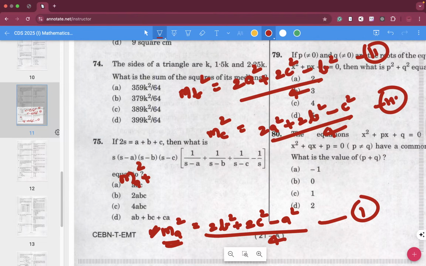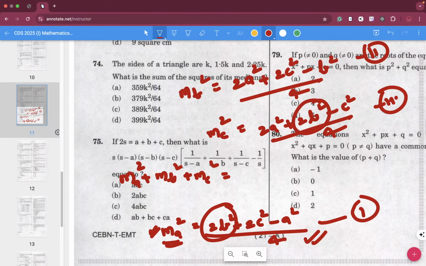Median of A whole square plus median of B whole square plus median of C whole square is equal to how much? You add this particular value, 2B square, where you have B square plus B square, that means 4B square, minus B square, which means 3B square.